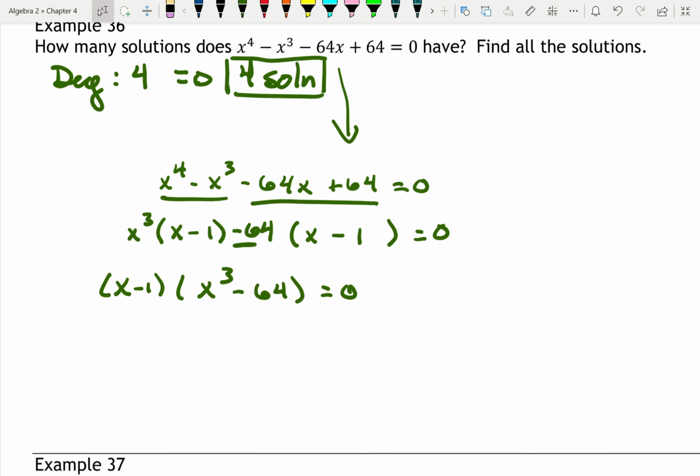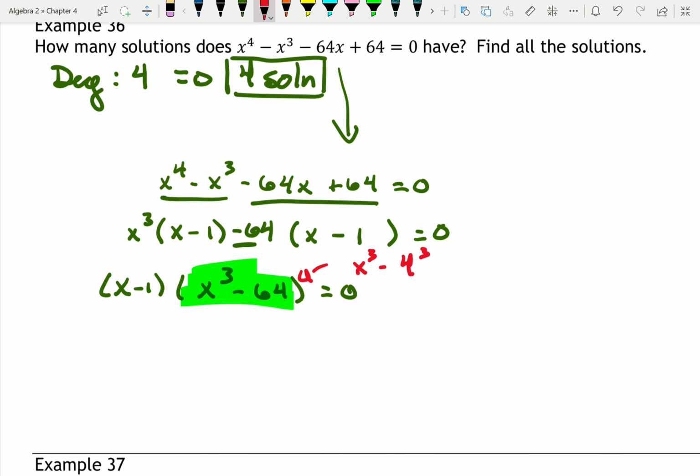I know that x cubed minus 64 can be factored, because this is x cubed minus 4 cubed, and that's a difference of 2 cubes. We have a formula for that. It's a formula that I don't normally make people memorize, but I do want to look at it here.